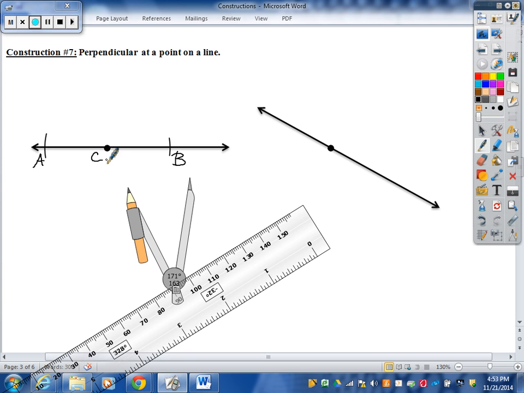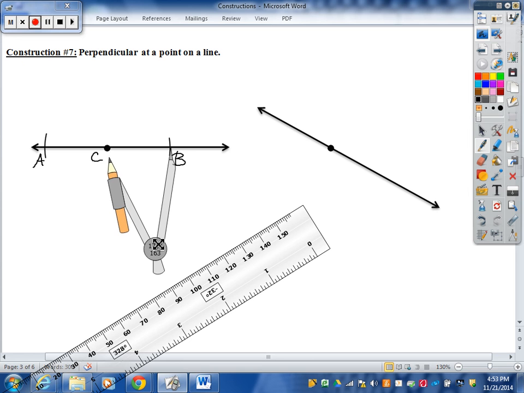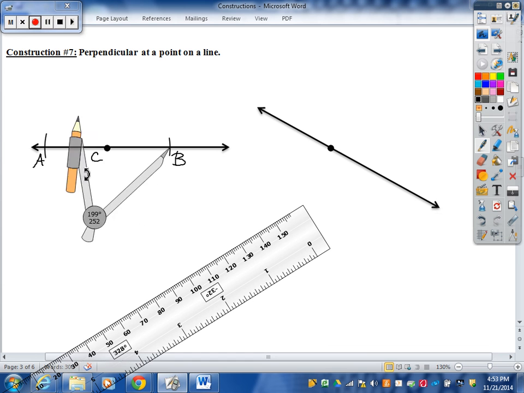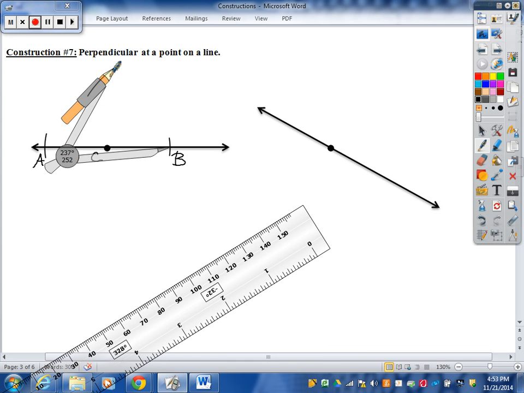The reason why I have to do that is because I know that AC is the same length as AB, okay, and that'll be key for what we're going to do in a little bit here. Now from there, I'm going to take my compass and stretch it more than half. Right now, that's exactly half right there. So I'm going to stretch it more than half, go up above and make an arc.